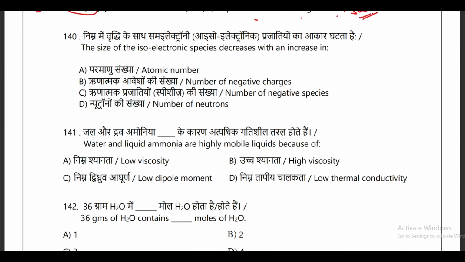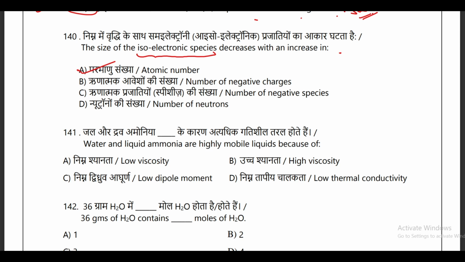next is, the size of isoelectronic species decreases with the increase in: first is atomic number, second is number of negative charges, third is number of negative species, fourth is number of neutrons. So A option is your correct answer, which is atomic number. Clear? The isoelectronic species generally are atoms, ions or molecules, okay, that have the same number of electrons.